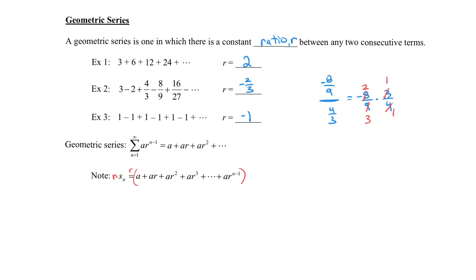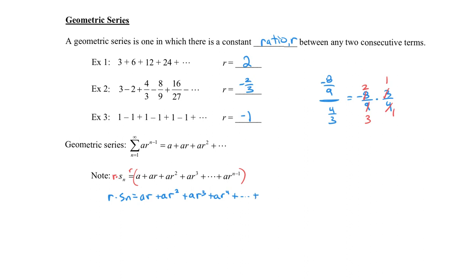So what we would get then, we would have r times s sub n equals, so we have a times r plus a times r squared. Basically, all of these terms are getting multiplied by r. And we go all the way down here, so we'd get plus ar cubed plus ar to the 4th plus.